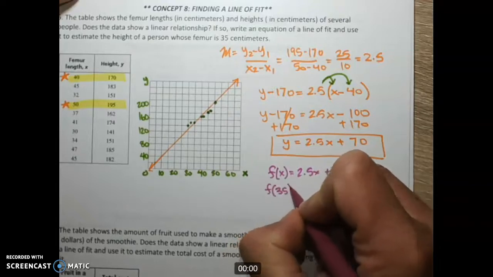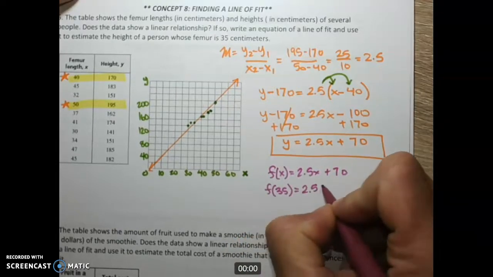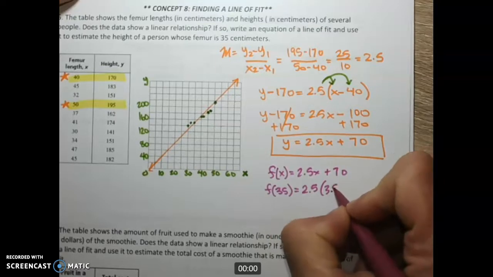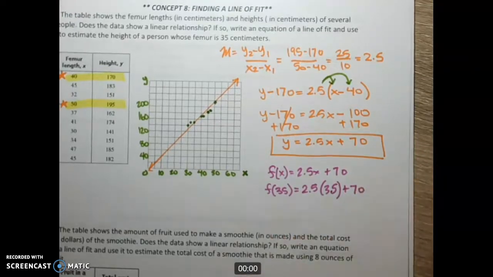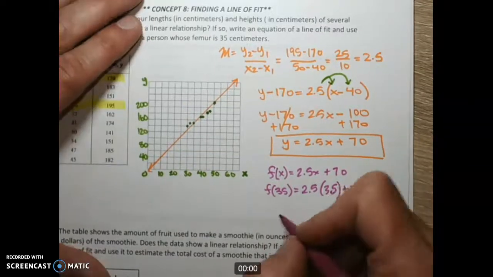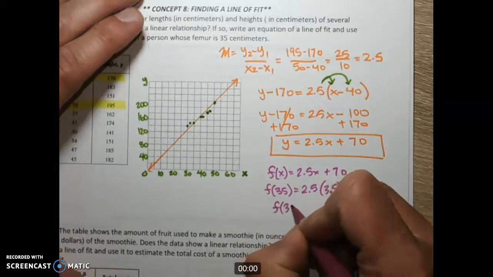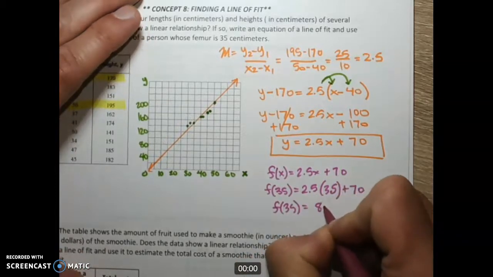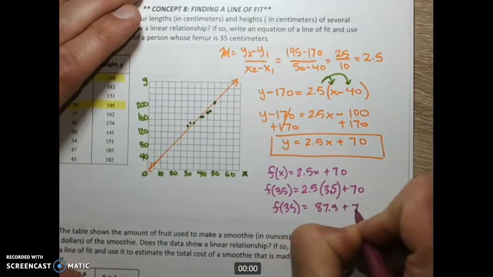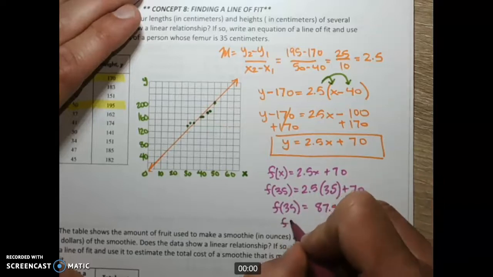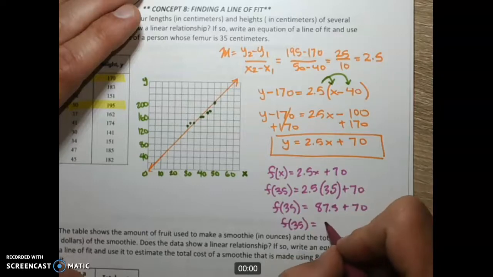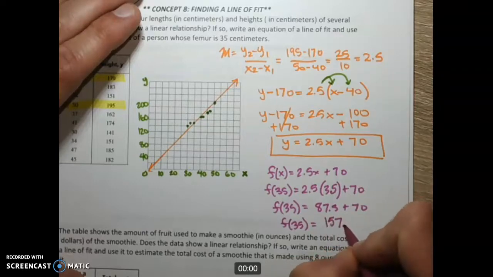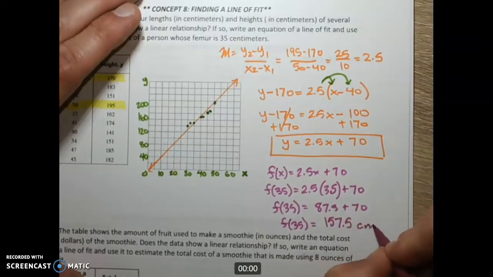So f of 35 equals 2.5 times 35 plus 70. And 2.5 times 35 equals 87.5. So f of 35 equals 87.5 plus 70. f of 35 equals 157.5 centimeters.